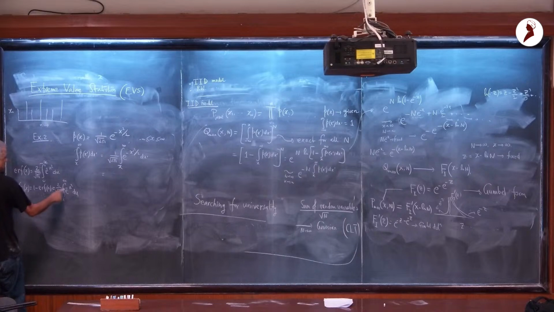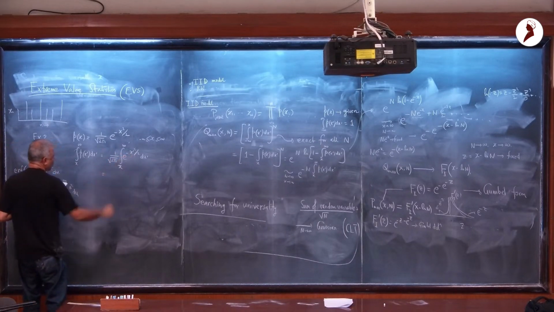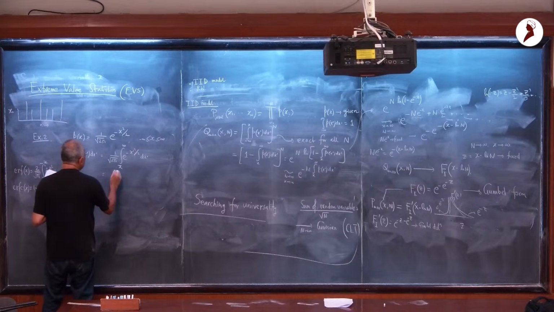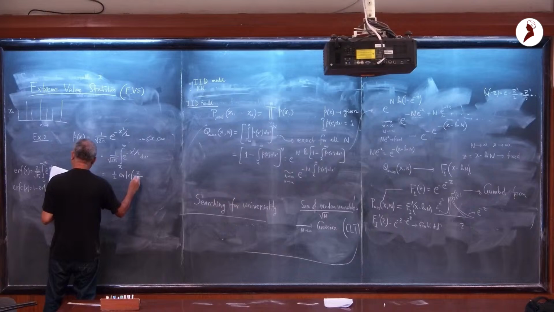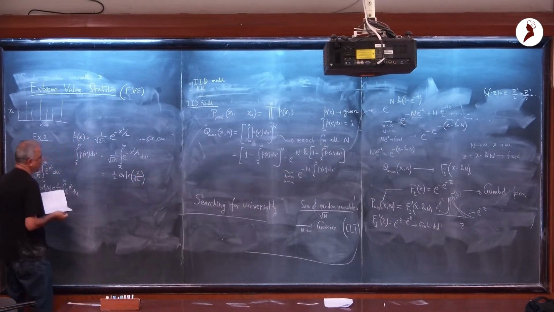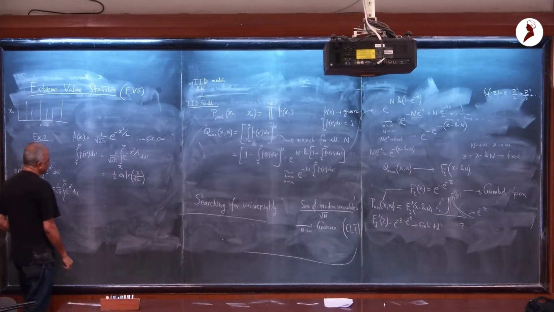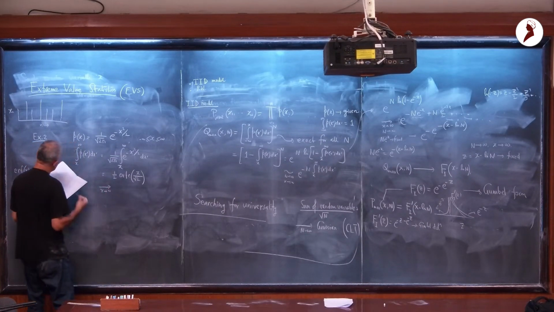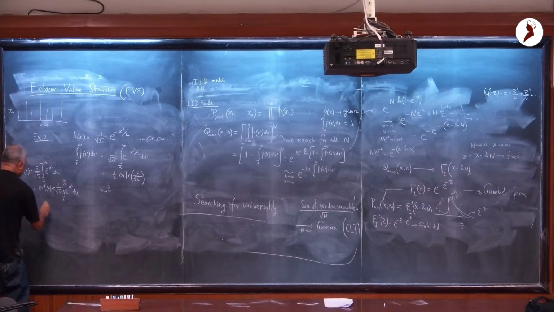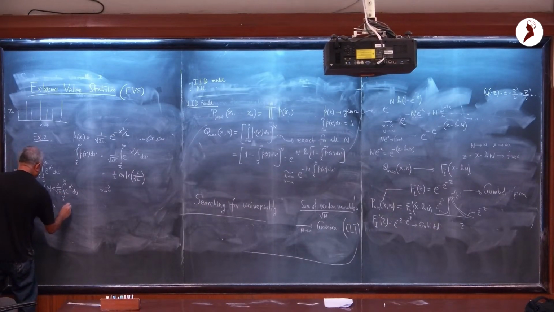If you call x prime over root 2 as u, you can actually write this as half erfc of x over root 2. And for large x, the complementary error function behaves like, and it's very easy to derive these asymptotic properties, e to the power minus x squared divided by x root pi.